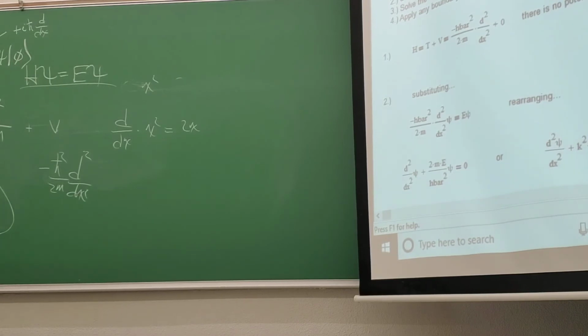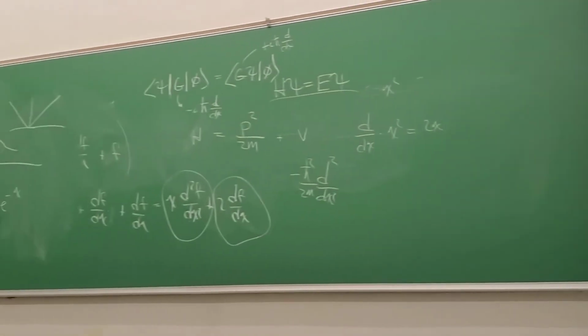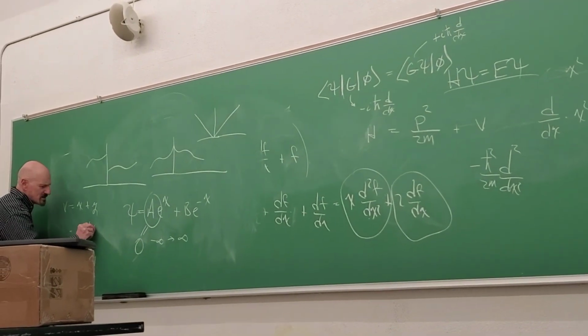By the way, when we did our separation of variables for x and y, you did separation of x and y. When can you not do that? If they're inextricably coupled. So if my potential was x plus y, I'm all right. If my potential was sine of x times y, I'm screwed.